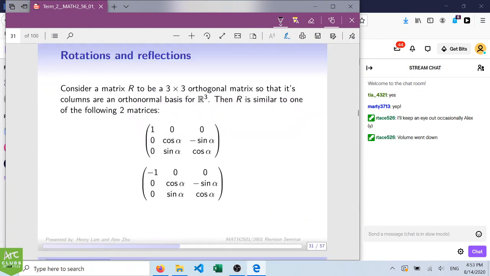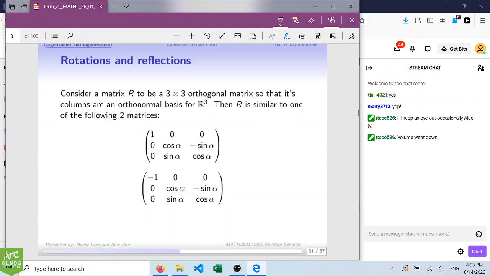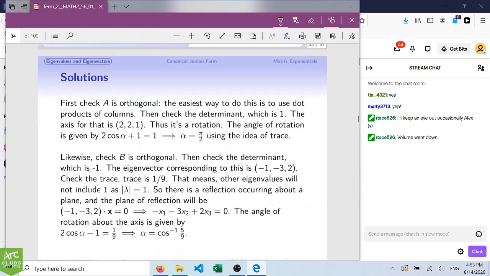How do we know that? Over here, this is the matrix that this is similar to: an orthogonal matrix with orthonormal vectors, right? And then we can decompose it and transform it to alpha, cos alpha and sine alpha. So doing that over here, you'll end up with the same trace.